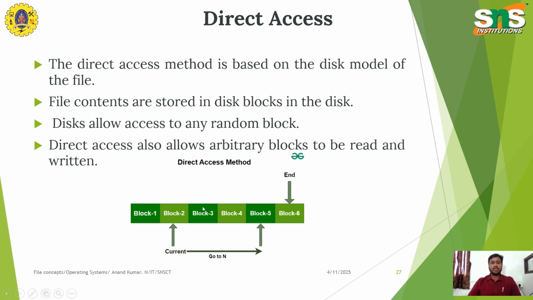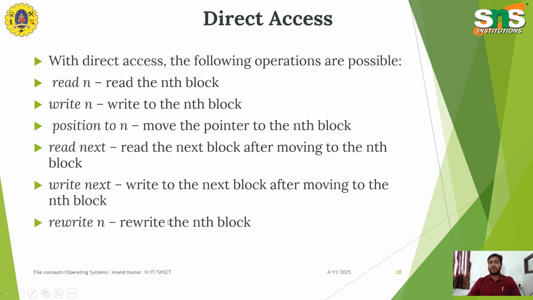We can go right away to block 5. So the current pointer is in block 2, and to go to block 5, we can use the direct access method right away. In block 6, there will be an end pointer. If a reset happens, it will go again to block 1.